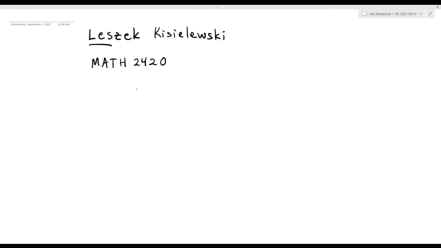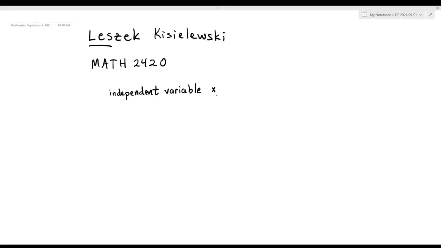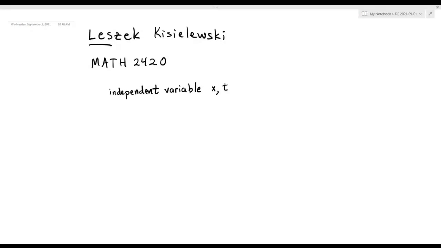So by first order, of course, we mean an equation that has an independent variable. Conventionally, we see the independent variable may be called x or t, but of course, it's not restricted to those. And then we're going to have an unknown function of the independent variable.